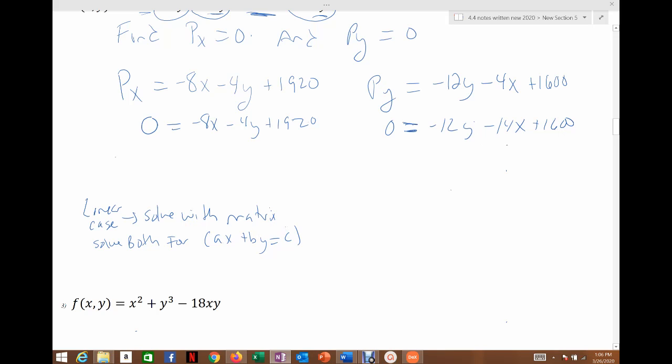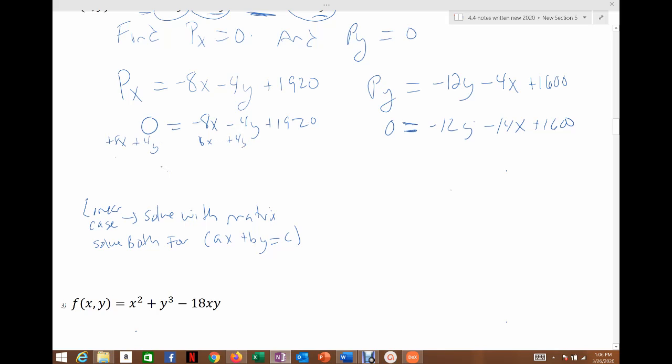Meaning I can get an x term and a y term set equal to a constant term. Since losing negatives is my Achilles heel, when I rewrite these, I'm going to move the variables to the other side because they've got negatives. Now, you don't have to; you can move the constant over. This is just my personal preference, and I'm going to do them both at the same time.